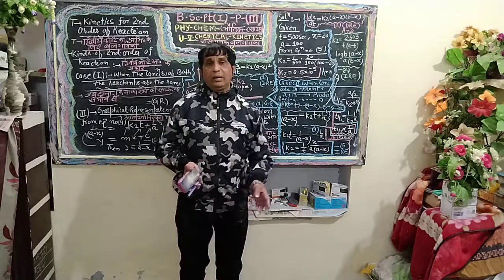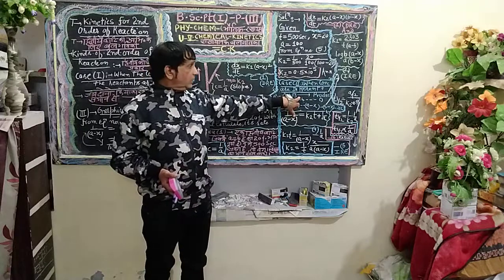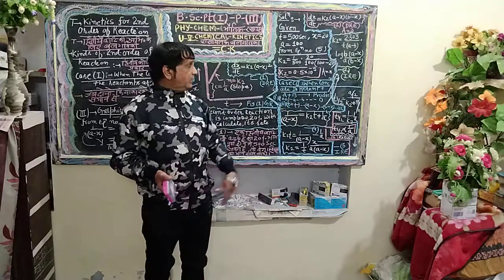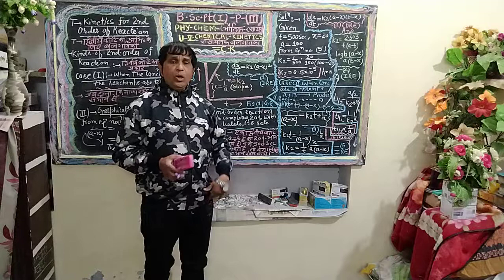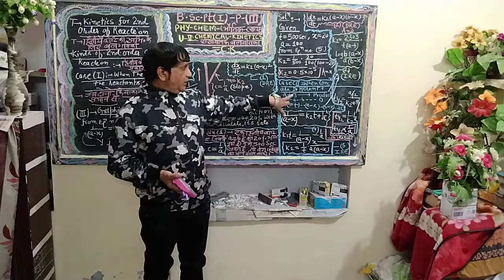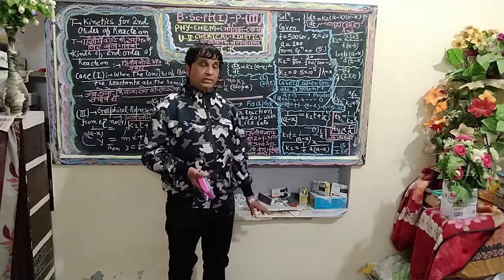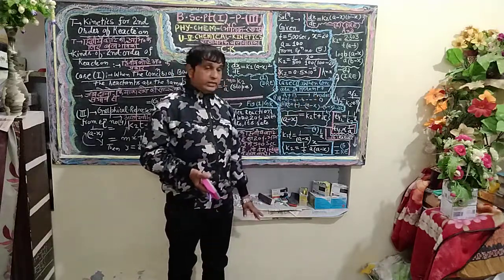Students of BSc part 1, a general example for case 2, when the concentrations are different or different reactants are used. Here A plus B, different reactants, produce the product.